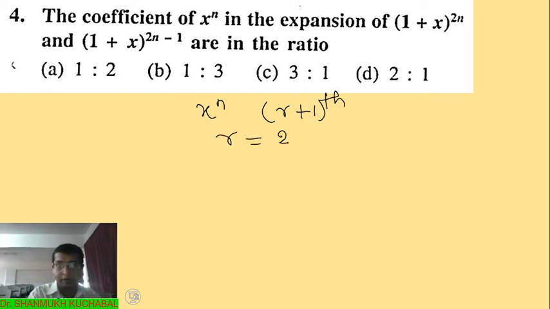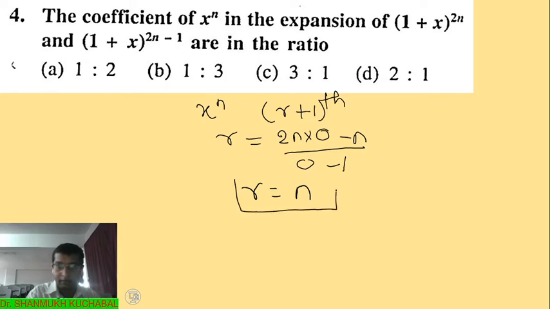So it is 2n into 0 minus n divided by 0 minus 1. We have substituted in the formula r equal to (np minus m) divided by (p plus q), n equal to 2n, p equal to 0, m equal to n, q equal to minus 1. So if you simplify this, we get r equal to n.